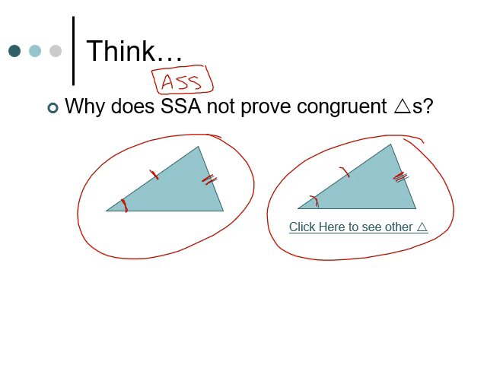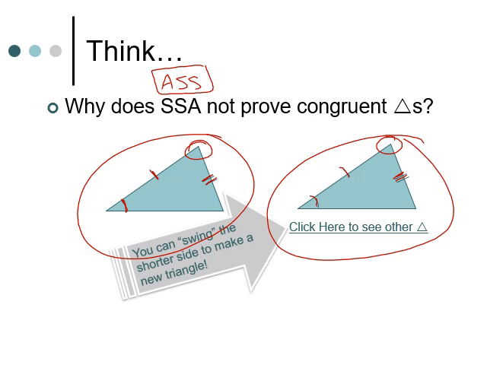But we have no limit on this angle up here, and therefore this entire side can be a different length in each of these. So these triangles cannot be congruent.